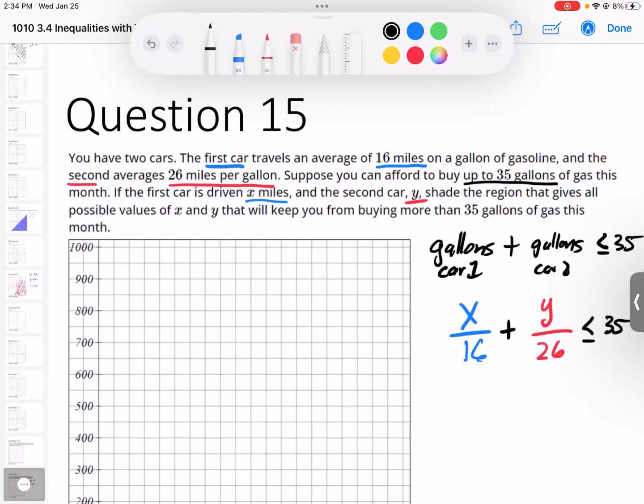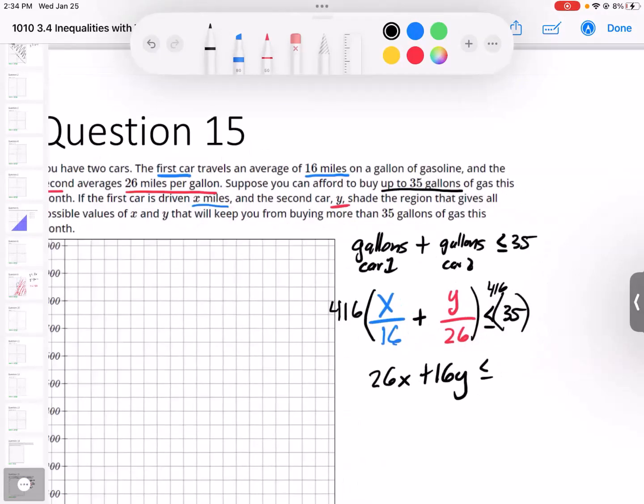Because that would work. 416. Okay, 416, sorry, I have bad hearing. So if I multiply both sides by 416, then that should give me 26x plus 16y. It may not be the least common denominator, but it will still work. And that needs to be less than or equal to 416 times 35.